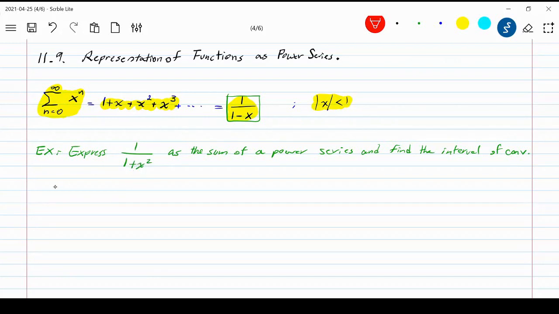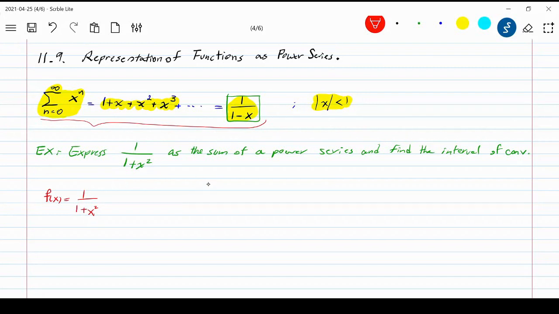If we have f of x as 1 over 1 plus x squared, can we write f as a power series? The first thing you should always try is to use this summation, because we haven't learned anything else besides this. So I'm going to try to use this summation and recreate that function.